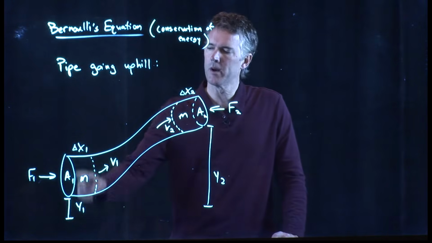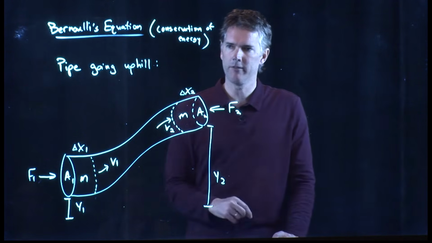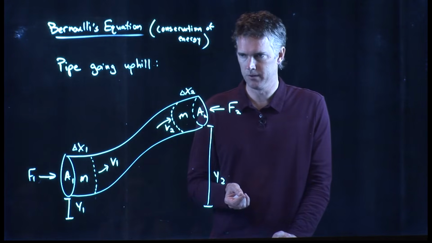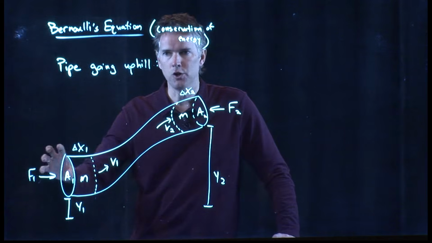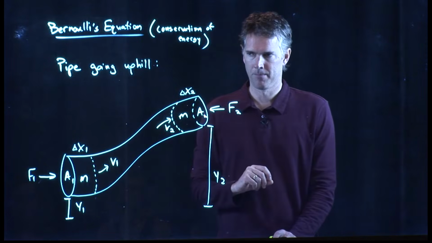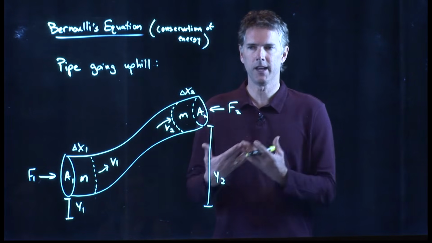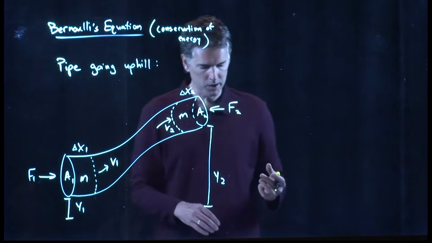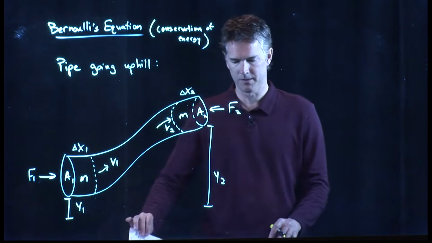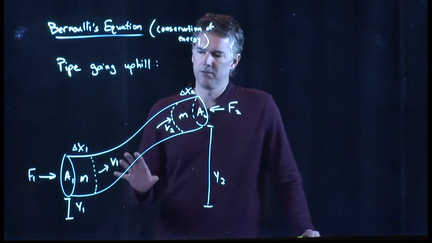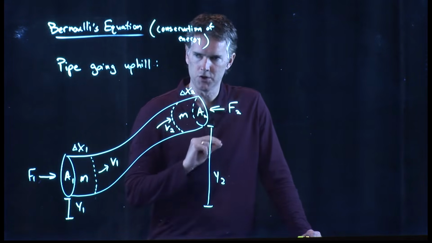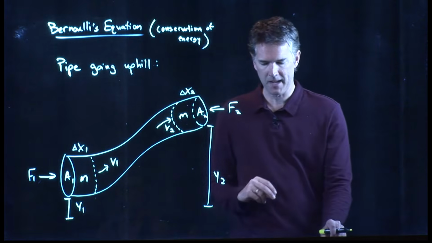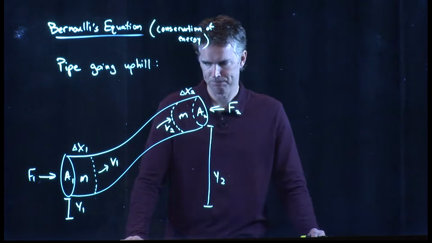When you have them going up a hill, you have gravitational potential energy. When you're applying a force, you're doing work. All of that stuff is energy. And so really Bernoulli's equation is nothing more than conservation of energy. So let's set up the problem, and then we're going to skip a little bit of the math and jump to the solution, and then we'll see how we can apply that solution.